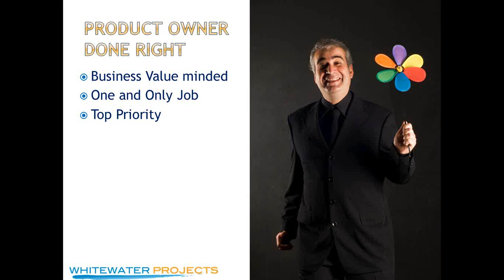But in a product owner done right scenario, the product they are managing is their top priority. Their entire focus is helping to support, deliver, remove roadblocks, everything, delivering on this product. So product owner done right, that product is that person's top priority.